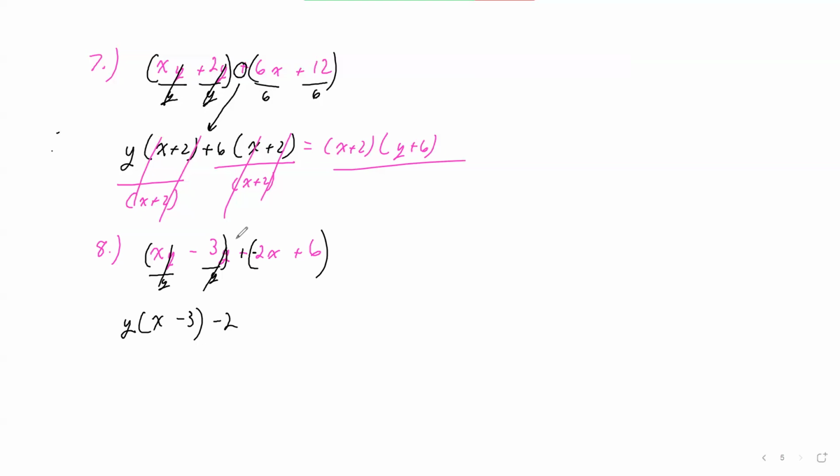You're good. So then negative 2x divided by negative 2 would be x. Very good. And then 6 divided by negative 2 would be negative 3. Perfect.